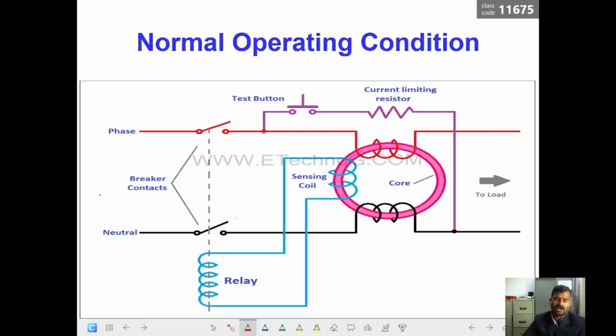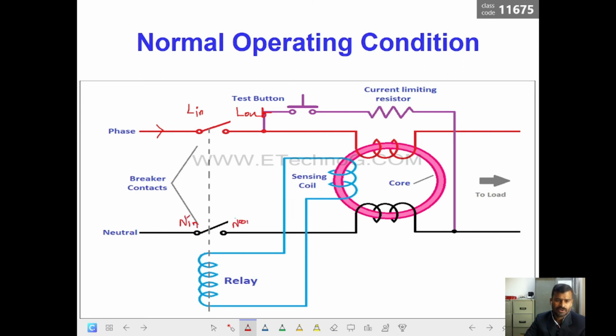So let's see how the RCD is going to detect this fault and how it works. Internally the RCD has these components. The supply coming from the phase is given to the terminals in the RCD. We have two terminals for line and two terminals for neutral: for single phase, the line input and the line output, and similarly a neutral input and a neutral output.